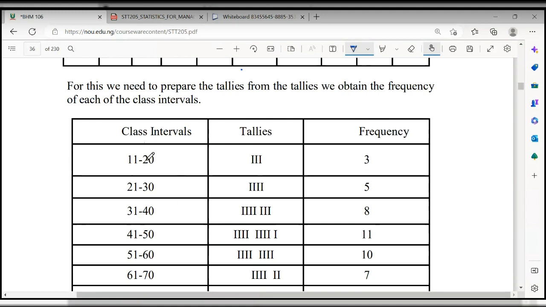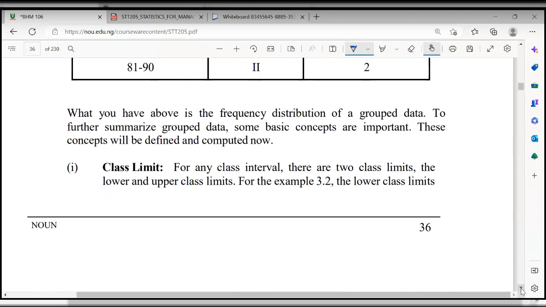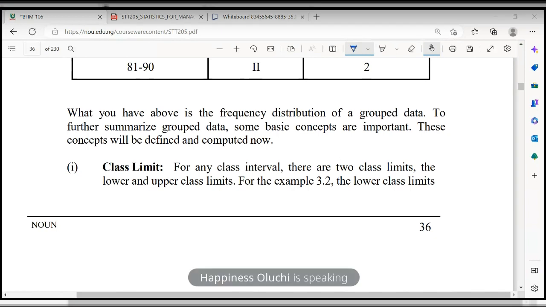Then this side, 20, 30, 40 is the upper class limit. That's what they're saying there. In case you're lost, is it clear?